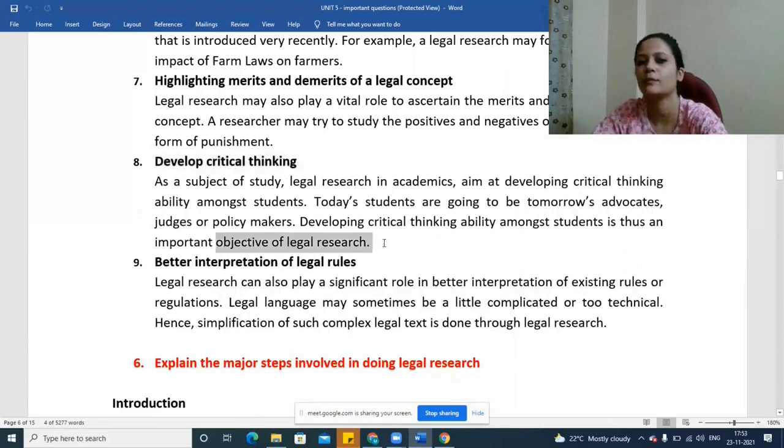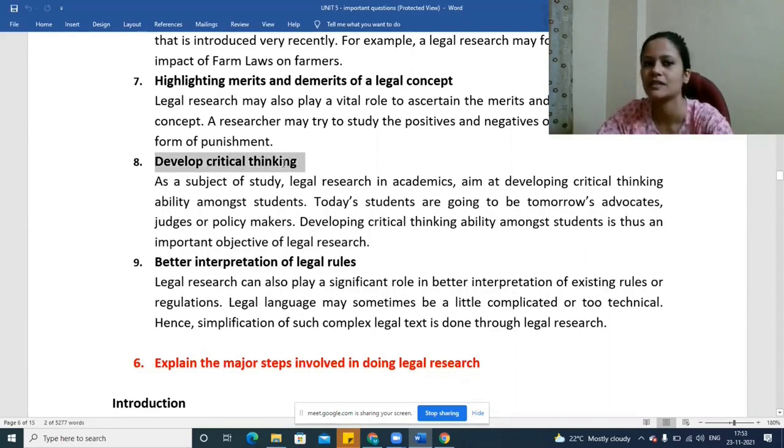That can also be an objective of legal research, because today you might be studying the goods and bads of a legislation and its outcome. Tomorrow, you might actually be drafting a bill yourself. So when you have this critical thinking, you can criticize your own draft and make the changes yourself. So this can also be one of the objectives, that it develops critical thinking from the starting point, so that whatever you do in future, it can be applied like a skill.